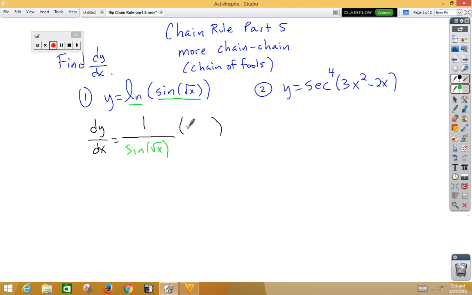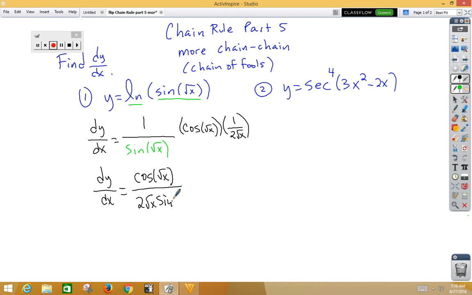So we have the derivative of sine is cosine. Don't change the inside. Multiply by the derivative of the inside, which would be 1 over 2 root x. We can simplify a little bit. We have dy dx is equal to cosine root x over 2 root x sine root x.